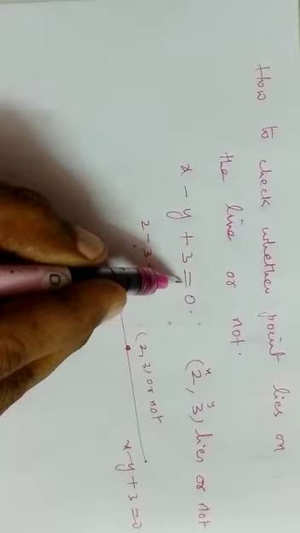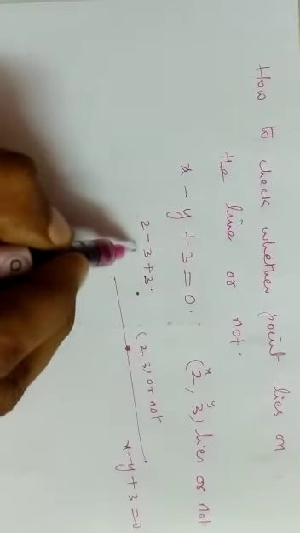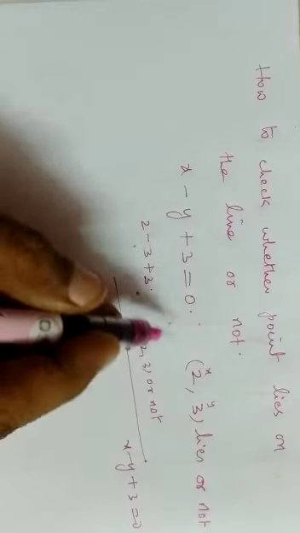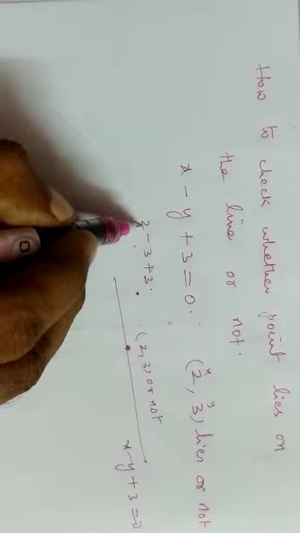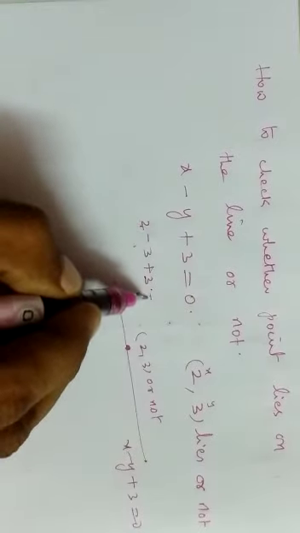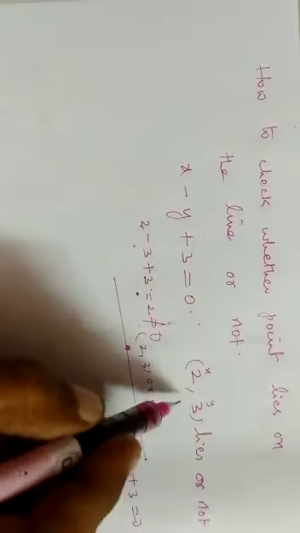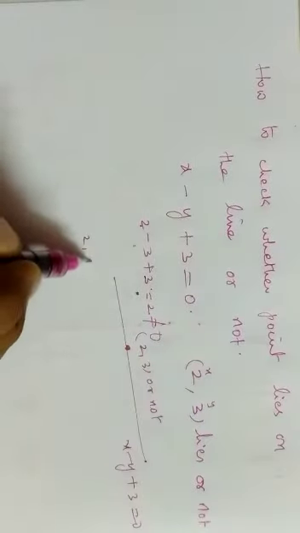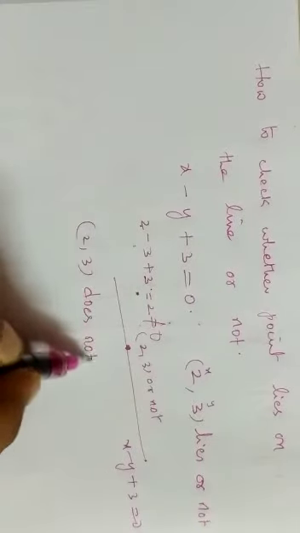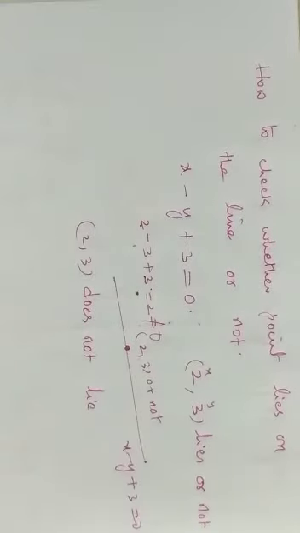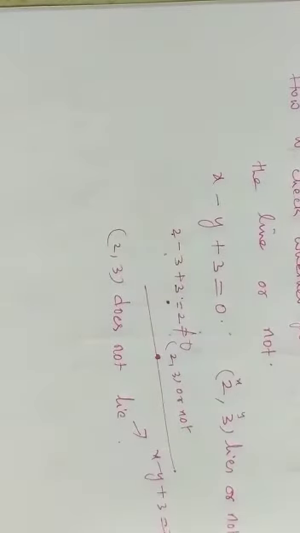If you get 0 as the simplification, the point lies on the line. 3 minus 3 is 0, plus 2 is 2, which is not equal to 0, which means (2, 3) does not lie on the line. Which line? On this line.